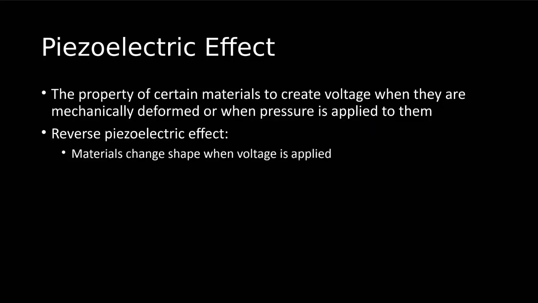The main thing with the transducer, particularly for ultrasound, is that it needs to have a piezoelectric effect. This is when certain materials, on a very cellular and organic level, have properties such that when we apply energy to them, mainly voltage, they're able to deform or change shape.